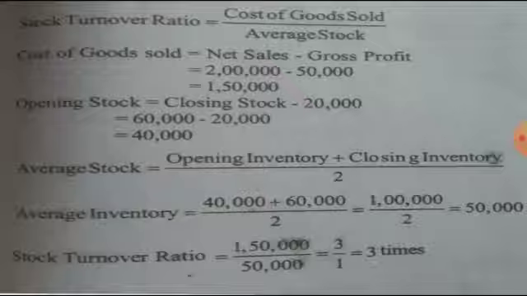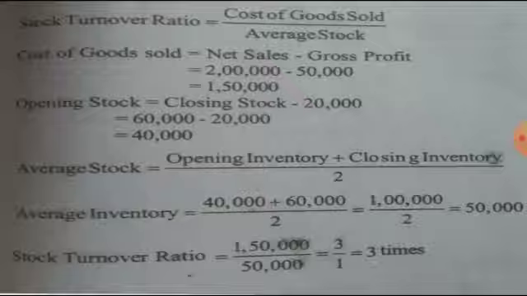So stock turnover ratio is 1 lakh 50,000, as we have already found out, divided by 50,000, that is equal to 3 divided by 1, that is equal to 3 times. Whenever you are writing the stock turnover ratio, you have to write it in times, which gives you the 3 times.